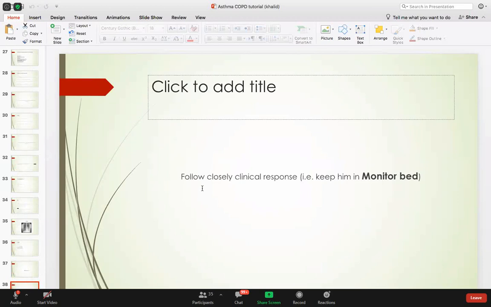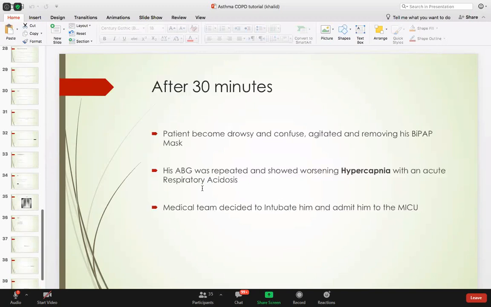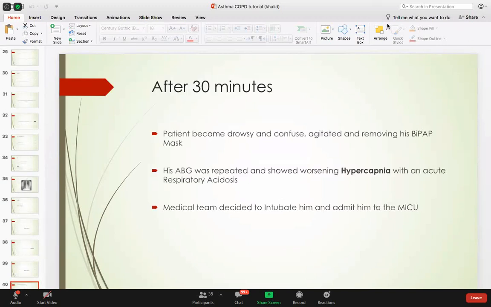Okay. After providing those interventions, you really have to closely follow the clinical response. This patient is very, very sick, guys. When all of these vital signs are abnormal, that means by all definition he is sick, and he needs to be in a monitored bed.